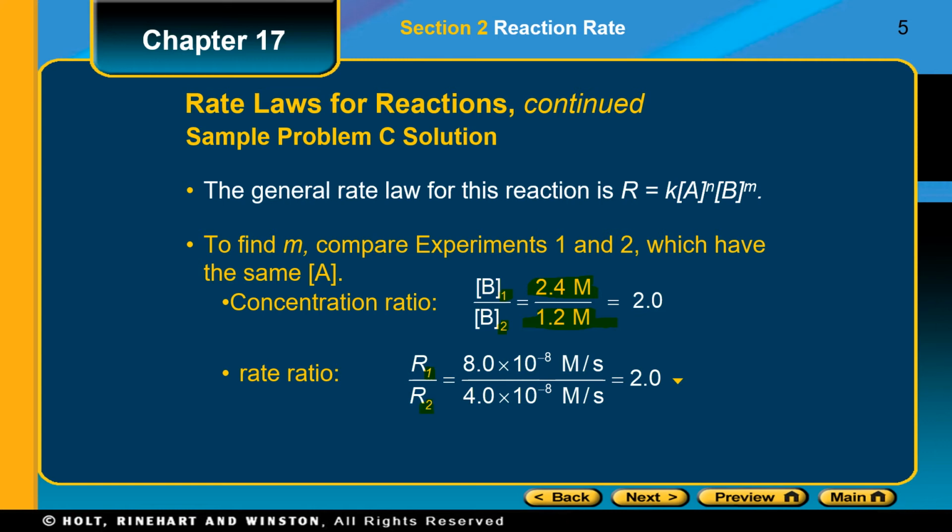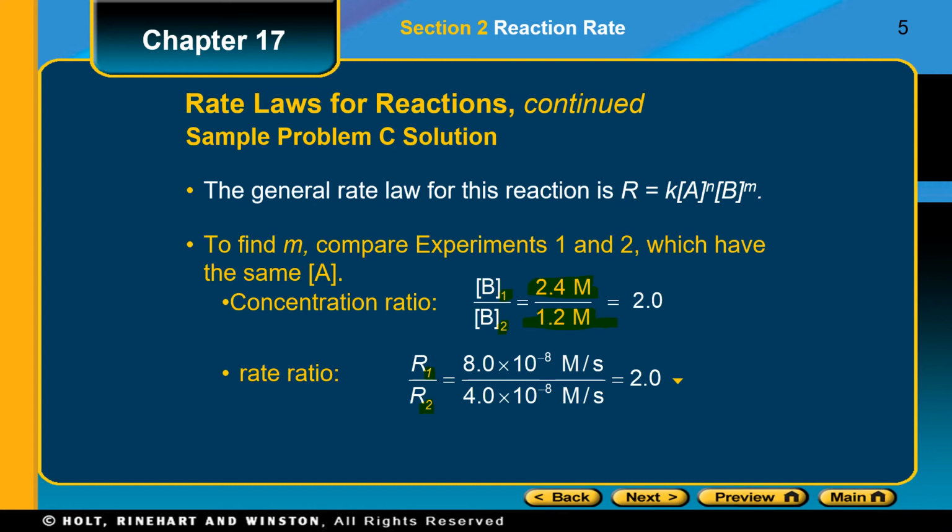And we picked the rates from the data table. These are the numbers that they gave us. And if I take this divided by this, you can probably do that one in your head, it is 2. So what does that mean? Well, that means if I double the concentration, I double the rate. This is like a direct relationship.